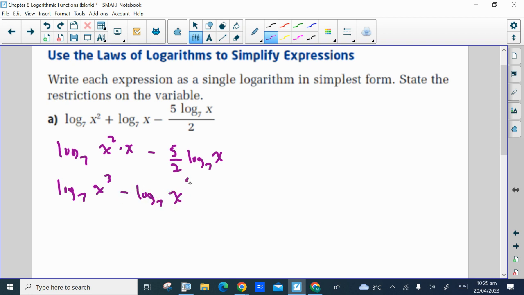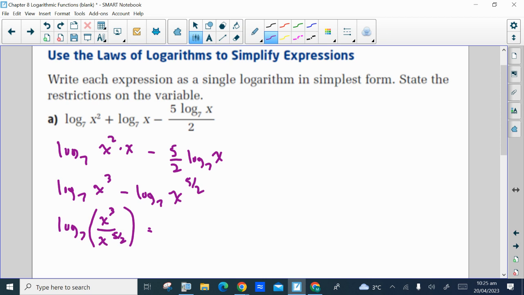And that last term, you write the coefficient up as an exponent. Because our next step now, we're subtracting individual logs with the same base, we can use the quotient law to combine them.